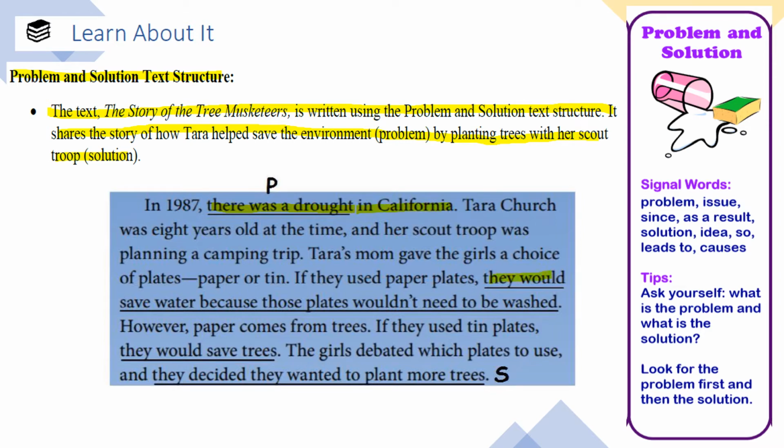Their solution, they would save water because those plates would need to be washed. And they would also save trees. And if they decided to plant more trees, then that would help the environment as well. So you can ask yourself, what is the problem and what is the solution? Look for the problem first and then the solution. It's usually problem first because they want to tell you what they did in order to solve the problem.